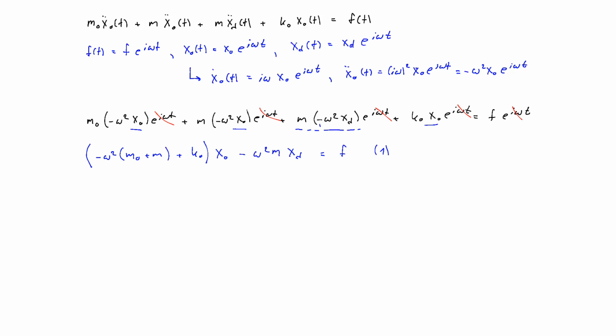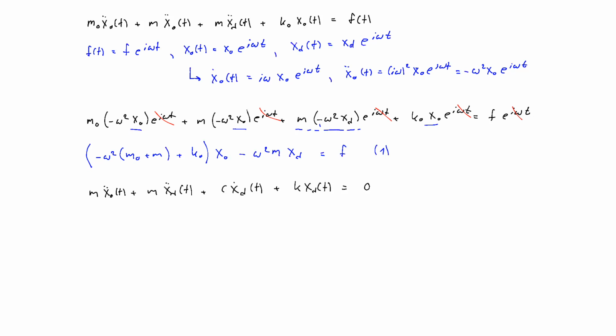Our equation of motion for the mass is m x0 double dot plus m xd double dot plus c xd dot plus k xd, as a function of time, equal to 0. So really careful putting in these as-function-of-time arguments to indicate the difference between the time domain and the frequency domain.